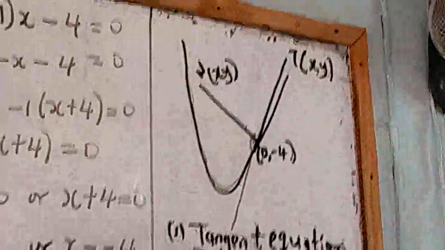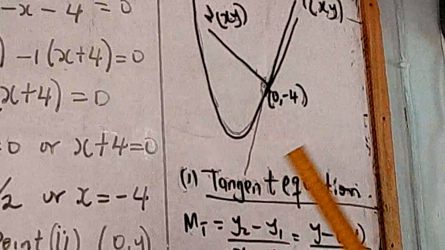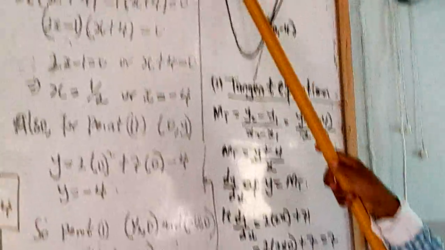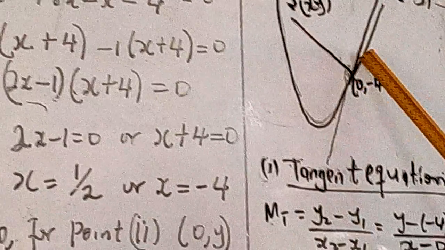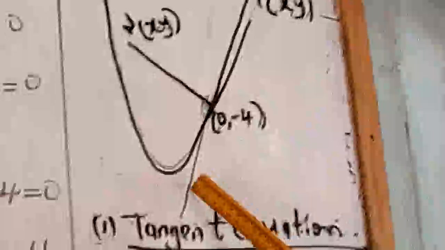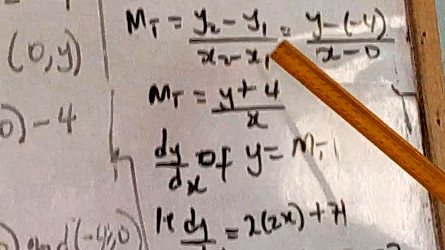To construct our equation, we write the expression for the gradient of the tangent and the gradient of the normal line. The tangent and normal line are at an angle of 90 degrees to each other. Now, the tangent gradient, which is mt, is y2 minus y1 over x2 minus x1.